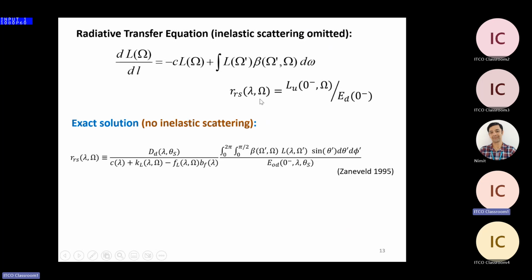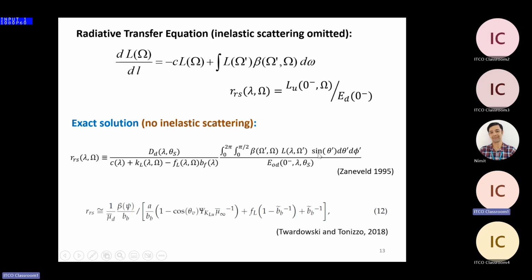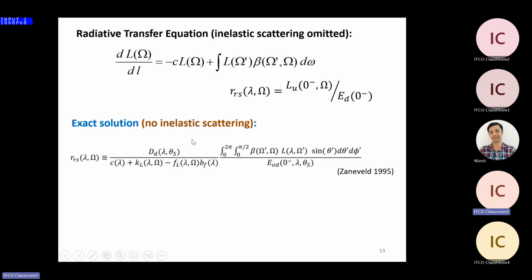If we define remote sensing reflectance below the surface as Lu, right below the surface, divided by Ed below the surface, this is the exact solution, which has no inelastic scattering. Basically, it's for the elastic scattering part. This is Zaneveld's 95 exact solution.